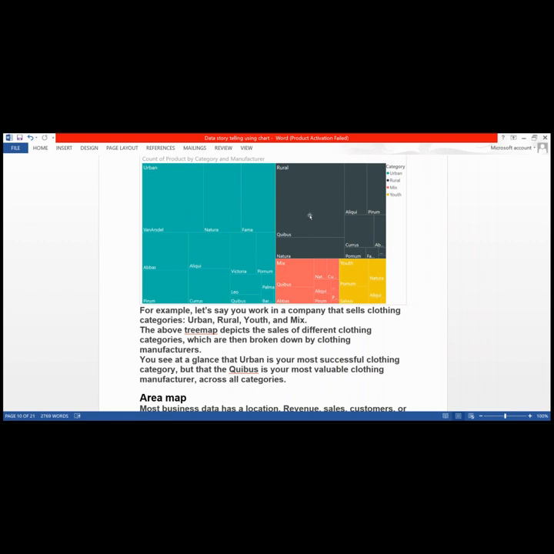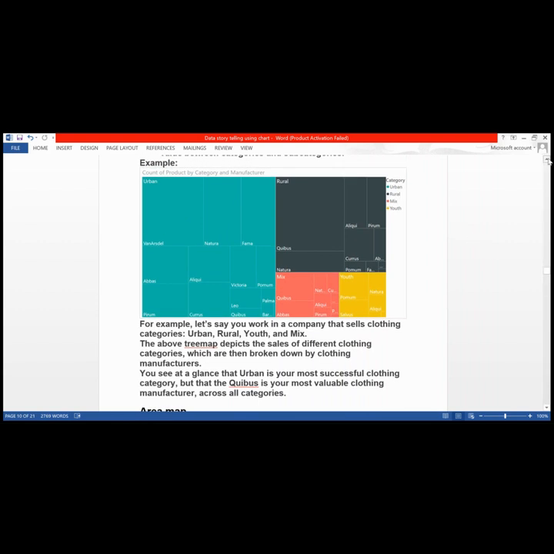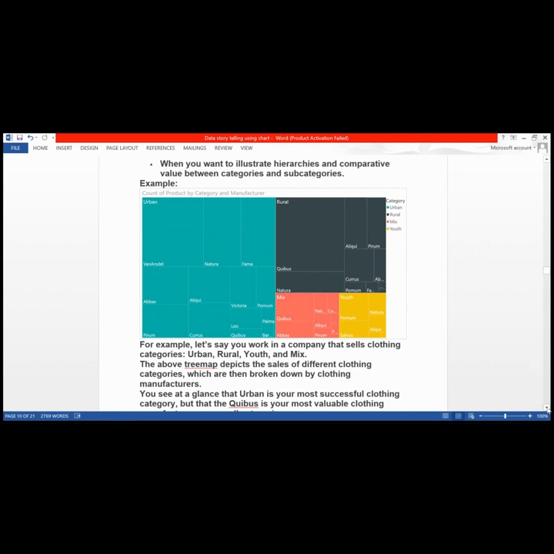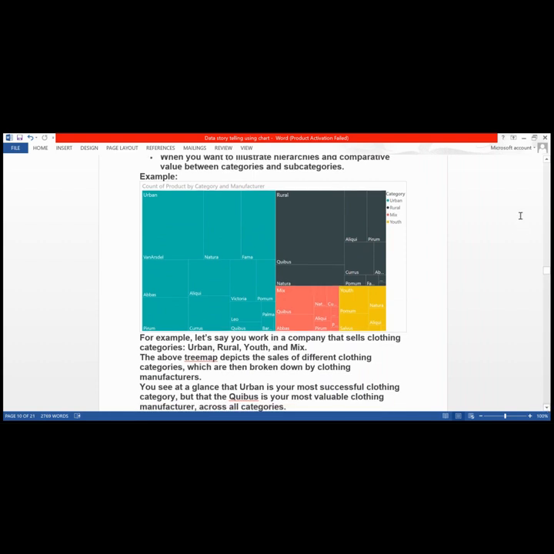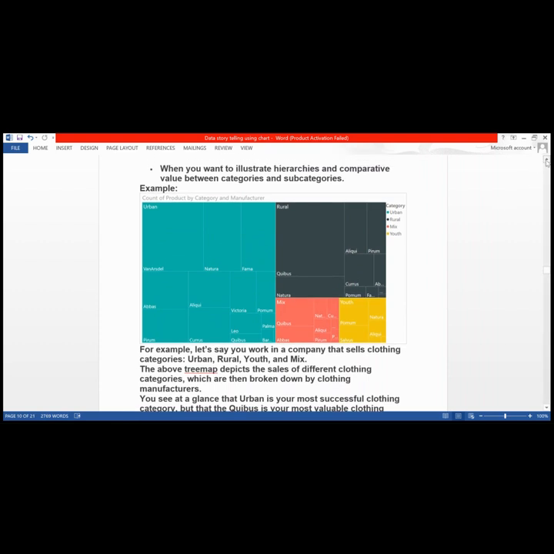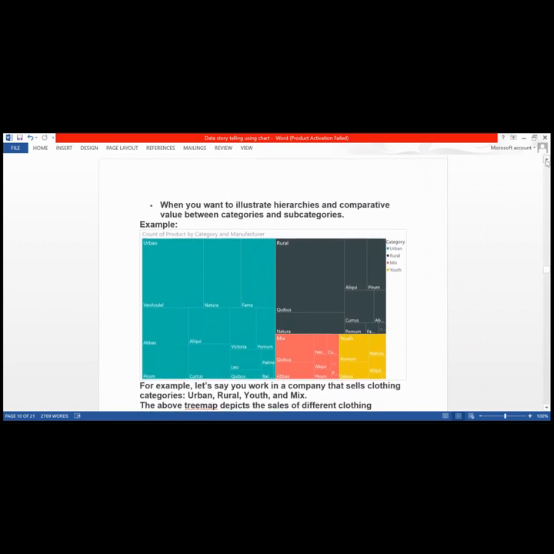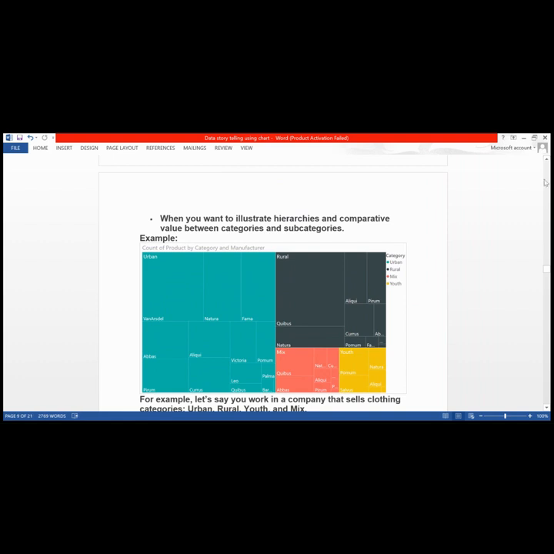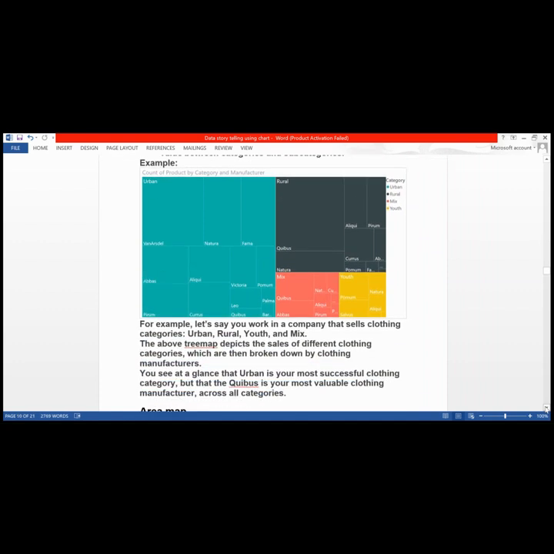This covers Europe, the most clothing manufacturing across all categories. So in other words, this tree map shows categories of categories. It helps to derive insights from your data depending on what you're actually working with.